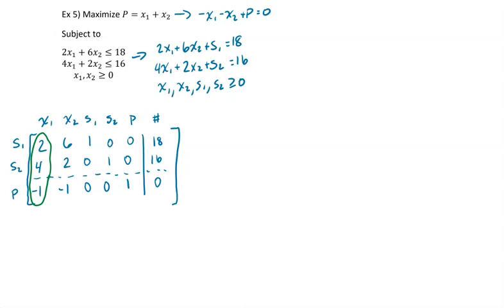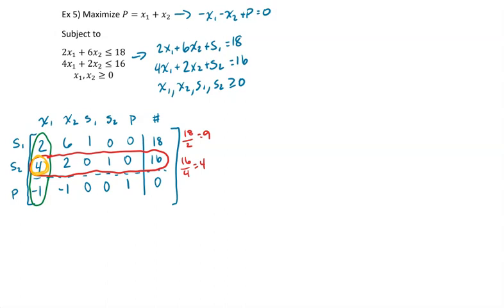Alright, next up, for our row, we take the numbers on the right and divide it by the numbers in our column. So 18 divided by 2 is 9, and 16 divided by 4 is 4. Pick the smallest one, and so our pivot is 4.